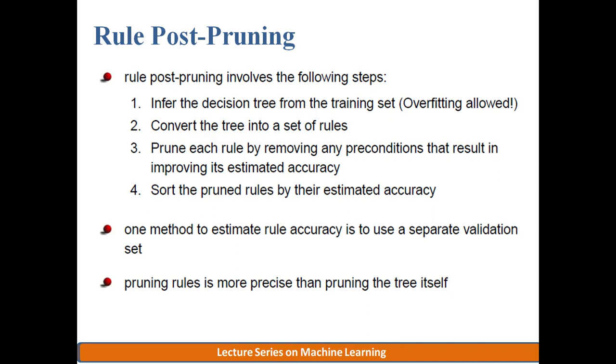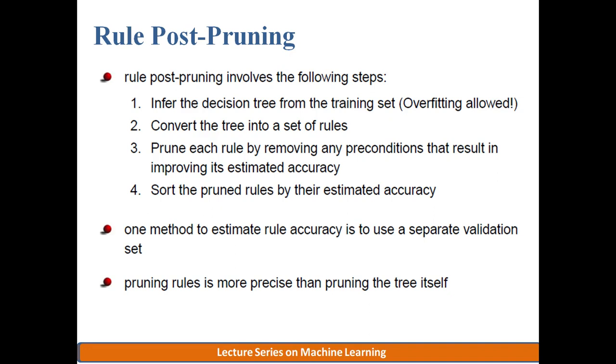Next, convert the learned tree into an equivalent set of rules by creating one rule for each path from the root node to a leaf node. Then prune each rule by removing any preconditions that result in improving its estimated accuracy.